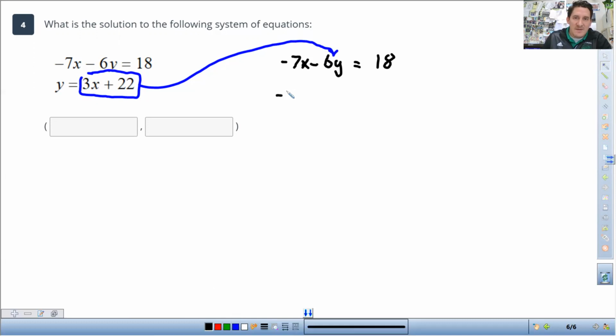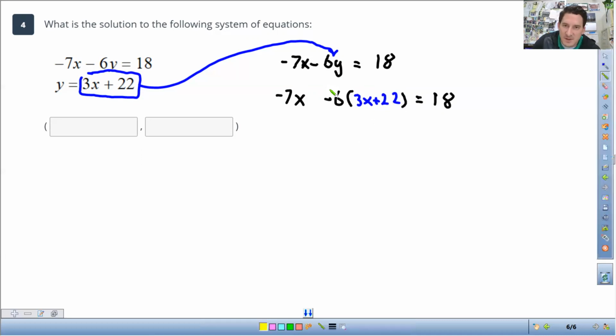So it's negative 7x minus 6 times y is equal to 18, and y is 3x plus 22. All right. Be careful with the distributing here because you need to distribute a negative 6.